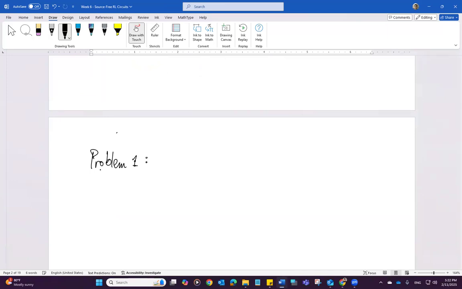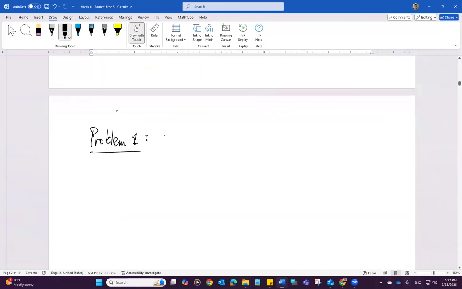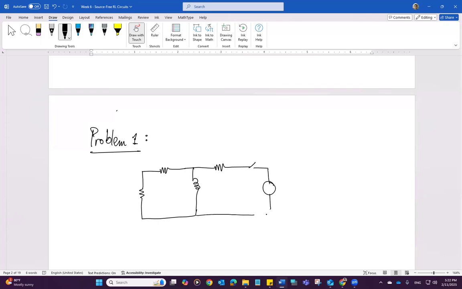Problem 1. Let's say we have R1, R2, L, R3.